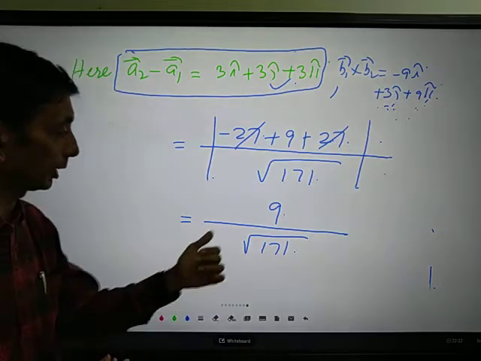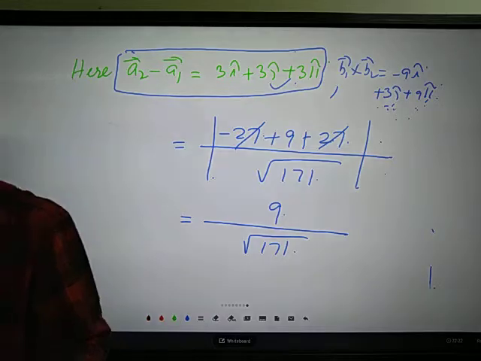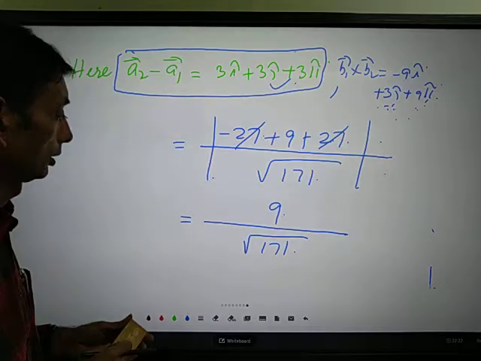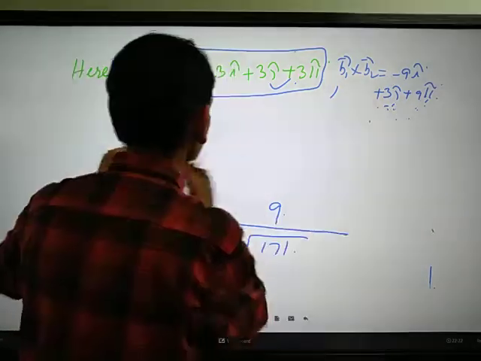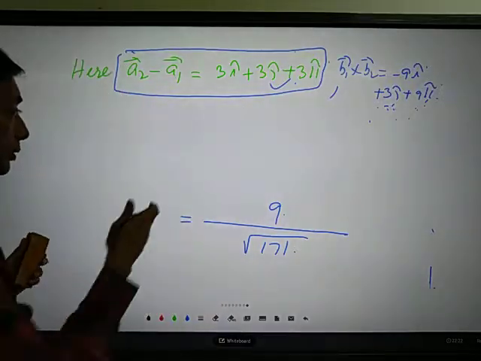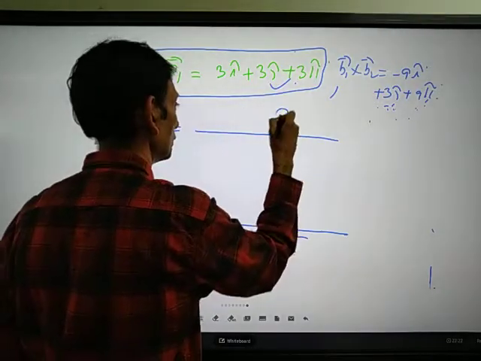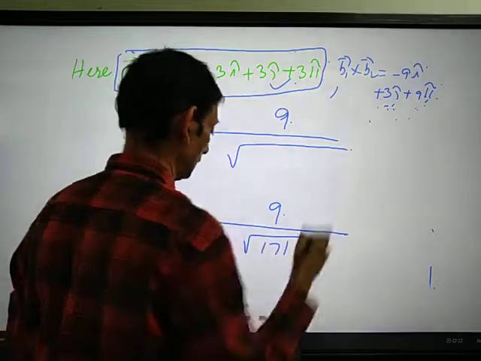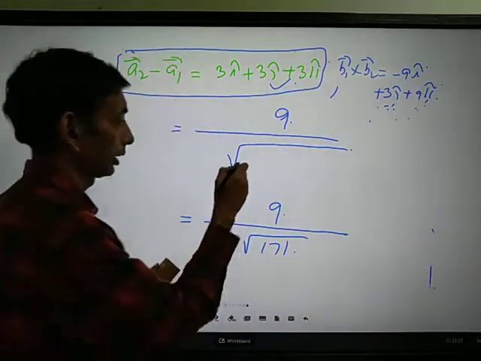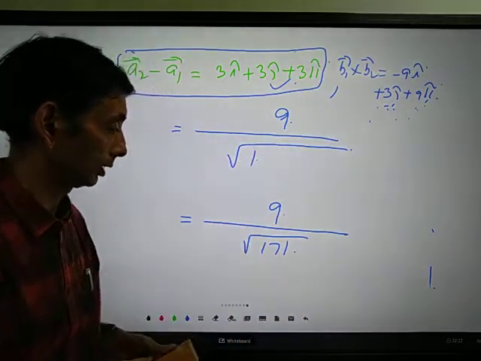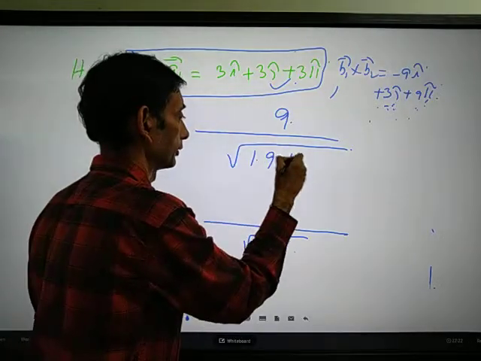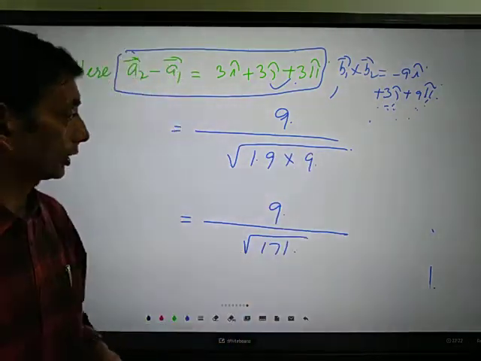Now you can write 171 as a multiple of 9. The final simplification will be like this: 9 over the square root of 19 into 9.